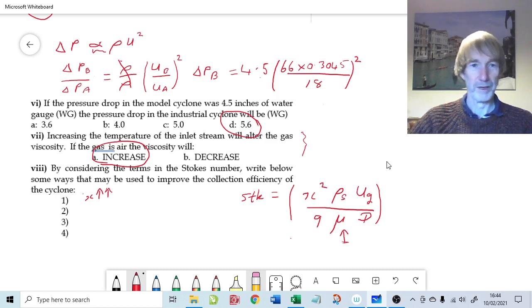You might be able to aggregate the particles going in, but you can't increase the density very easily. What about the inlet velocity? Of course you want that to be as high as possible within the energy or pressure drop that's available to you. What about the viscosity? You really want that to be lowered, and in our case here that means making it colder if possible. If that's easily possible, it's worth doing. If it's going to take an awful lot of energy to do, then it's not worth doing.